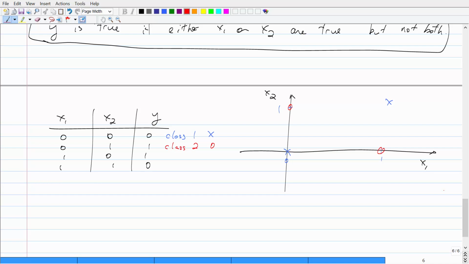With what you've learned so far, there is actually no way you can take any line to separate these two from each other, because a decision boundary separates between two classes. There's no way you can give me any line that'll successfully separate between these two without a misclassification.